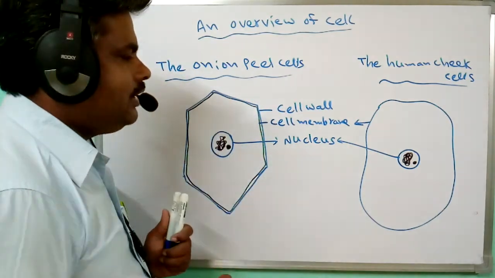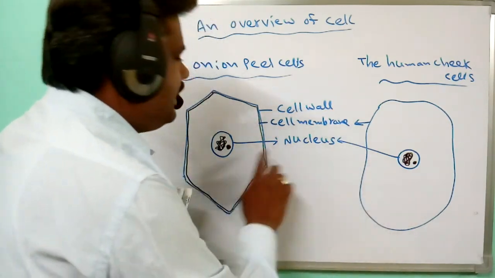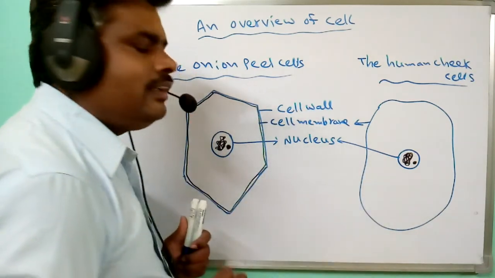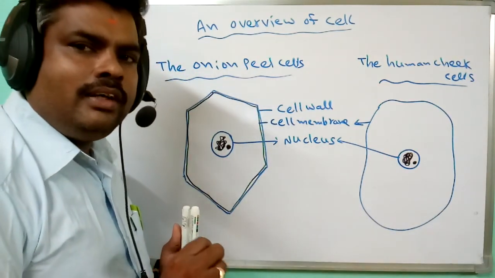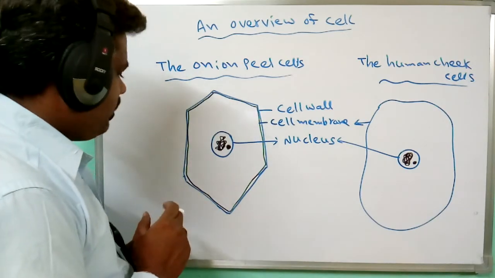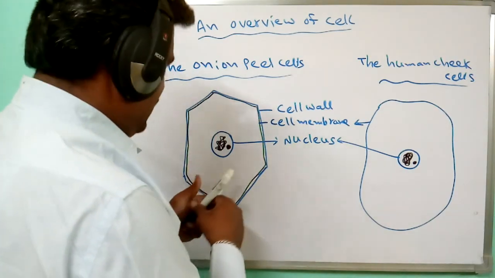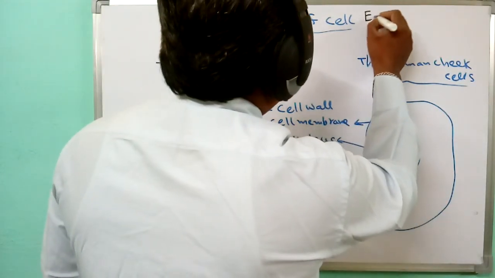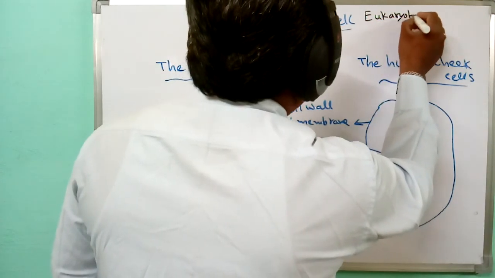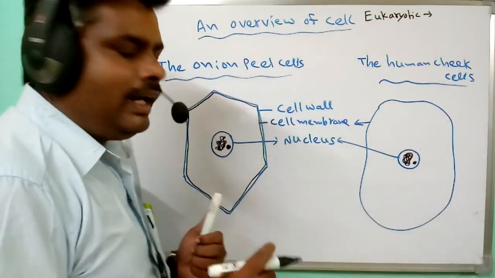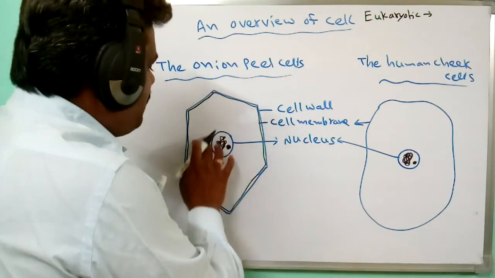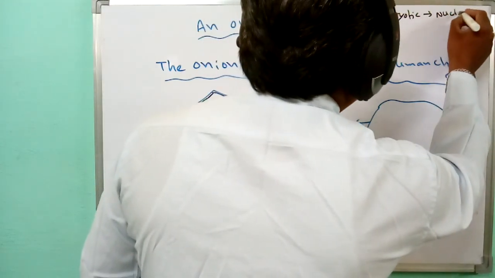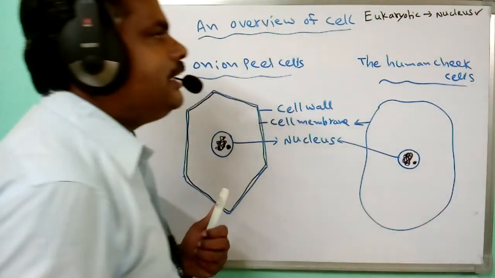Based on the presence of a distinct membrane bound nucleus, cells are divided into two categories: prokaryotic cells and eukaryotic cells. Cells that have a distinct membrane bound nucleus are known as eukaryotic cells.